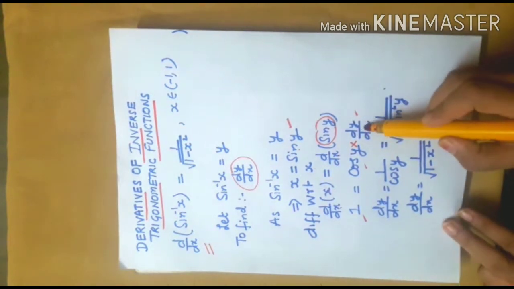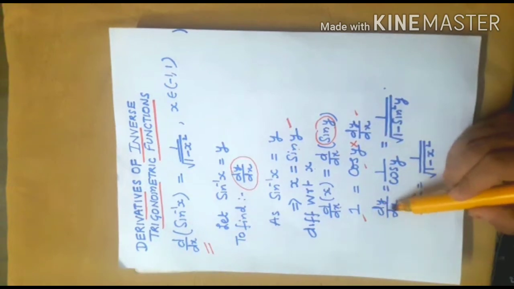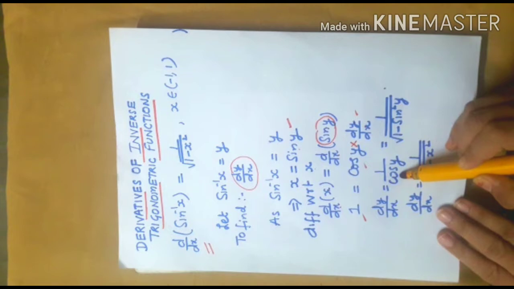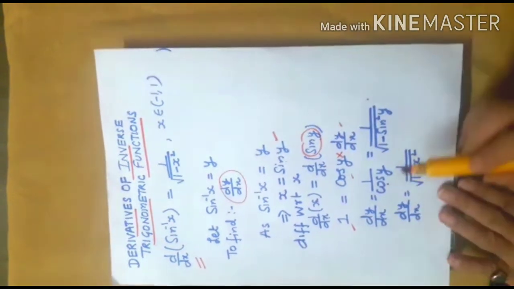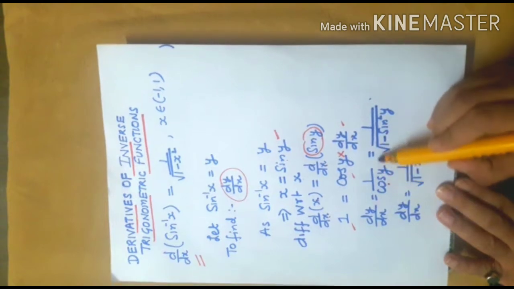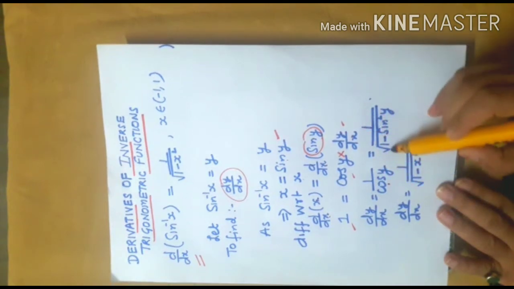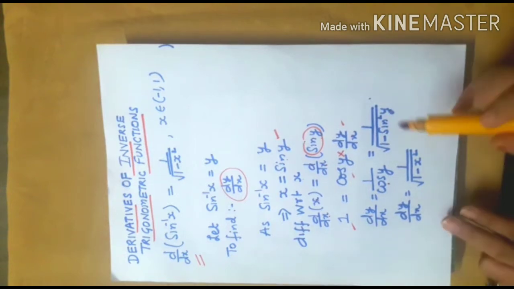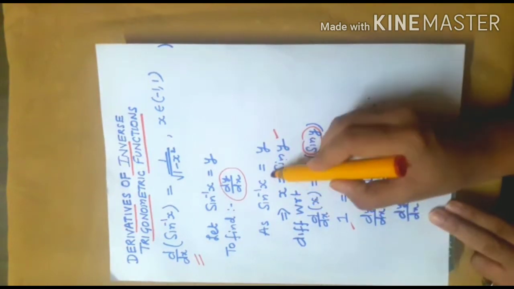Now I want dy by dx, so I'll write this as dy by dx is equal to 1 over cos y. And here cos y should not be equal to 0. And cos y can be written as square root of 1 minus sine square y. And what is sine y?